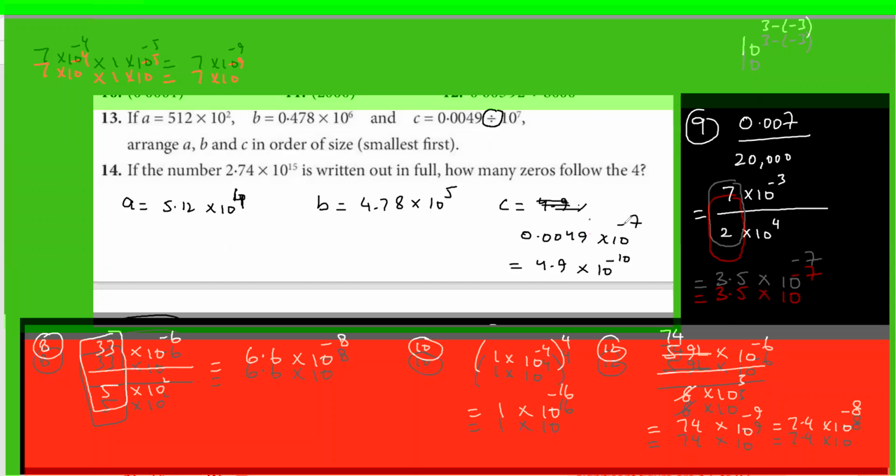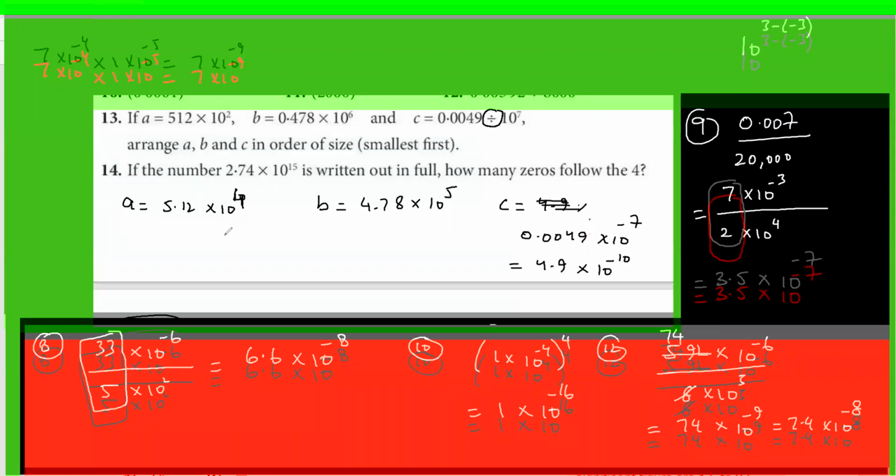Question number 14, it says, if the number is written out in full, how many zeros follow the 4? So how many zeros will there be after 4? 11. Anyone else? How many zeros? It is not 15. 13. There are going to be 13 zeros after this 4.